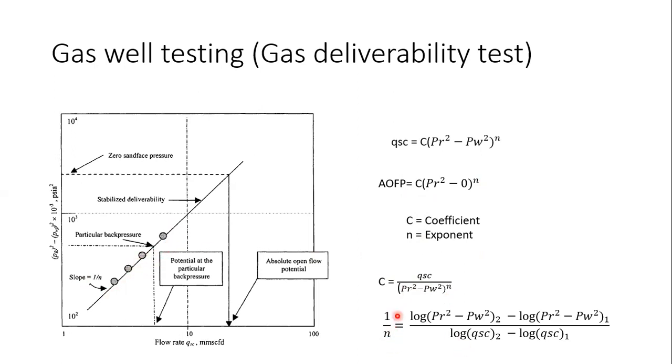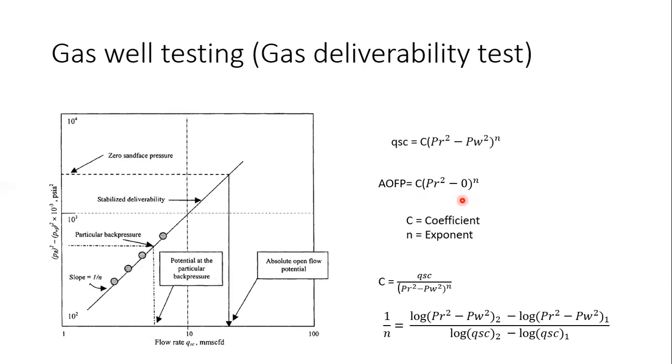So how to estimate n? 1 by n is equal to the slope of log of PR square minus PW square. You can take 2 points, any of these points from these 4, and you have to take the slope from that. That will give you the value of n. If you know the value of n and C, and put them in this equation, we can estimate the value of absolute open flow potential for that particular well.